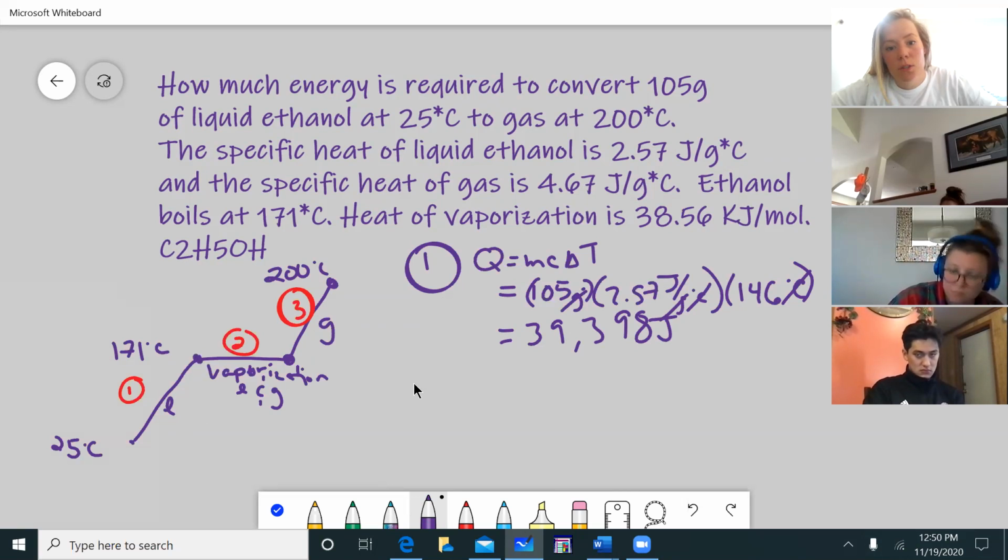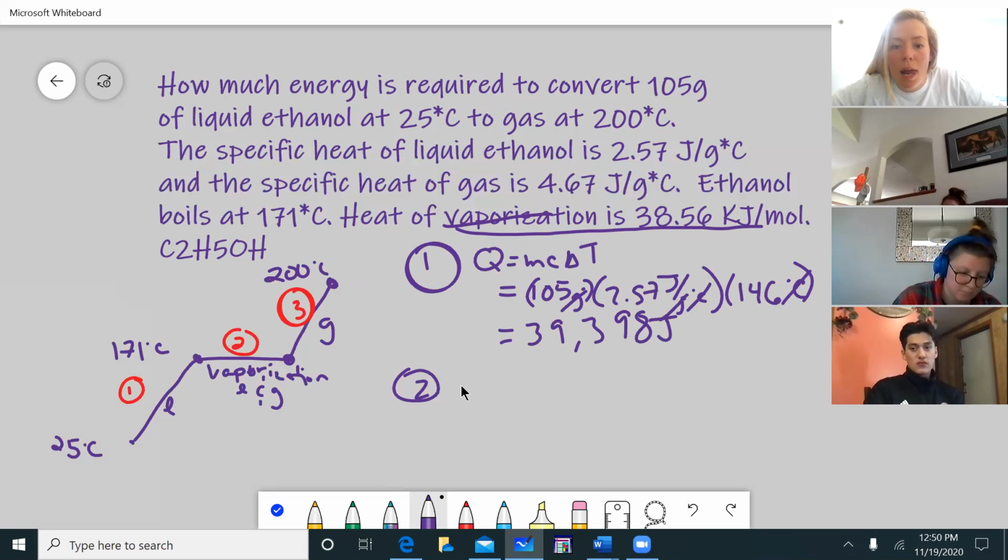All right, next is the flat area here. This is a phase change, so we need to determine what phase change we're doing. In this case, we're doing vaporization, so this is the number we would use. If it gave us heat of fusion as well, we just wouldn't use it in this problem.